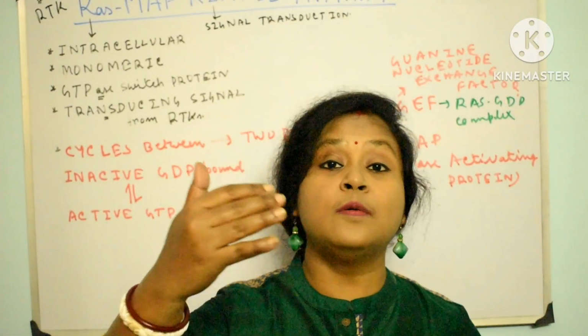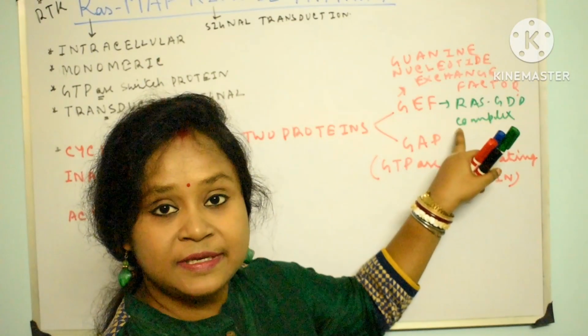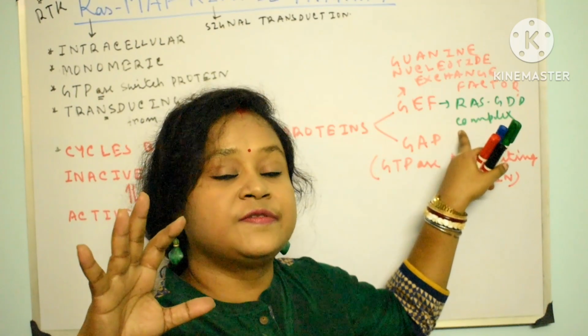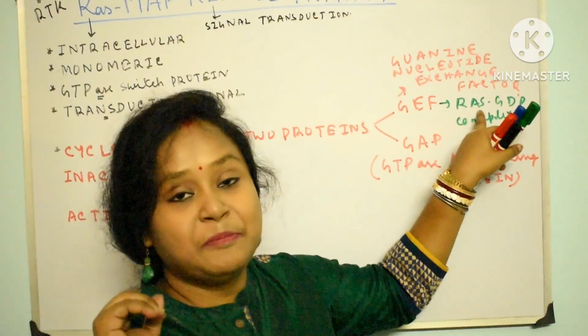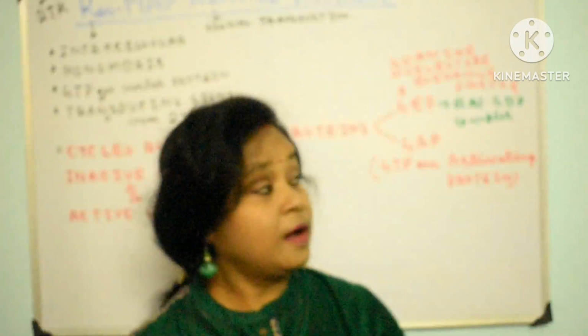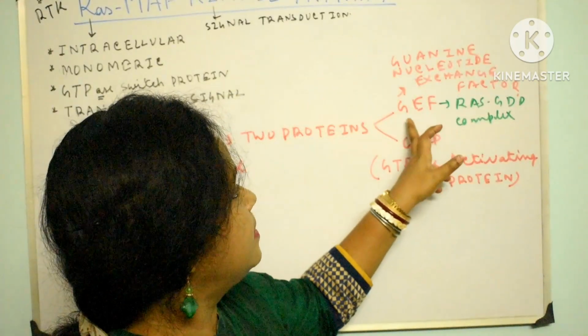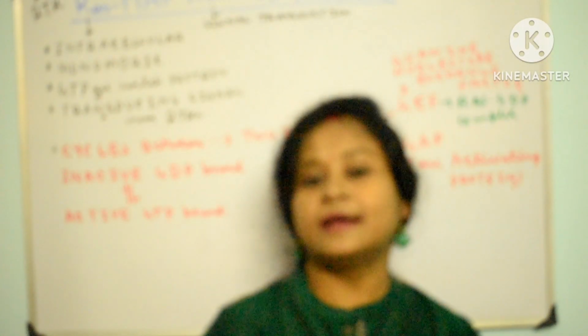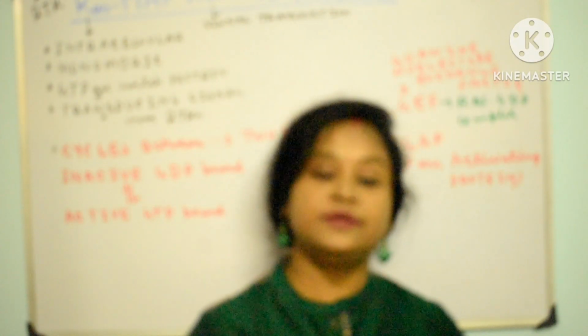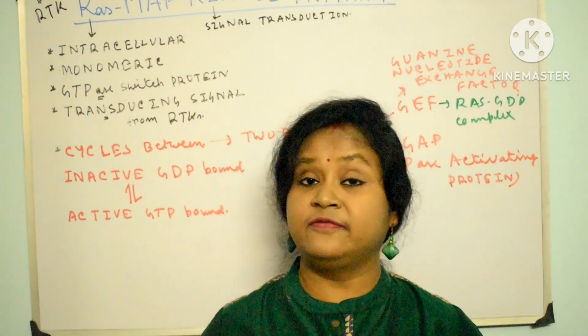GTP binds promptly to empty Ras molecules. Now the Ras molecule is empty, and lots and lots of GTP rush to this empty Ras and bind it, and this occurs with the release of GEF protein. Normally the average lifetime of GTP bound to Ras is about 1 minute, a very fast reaction.